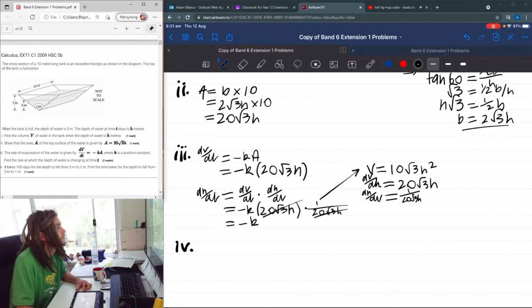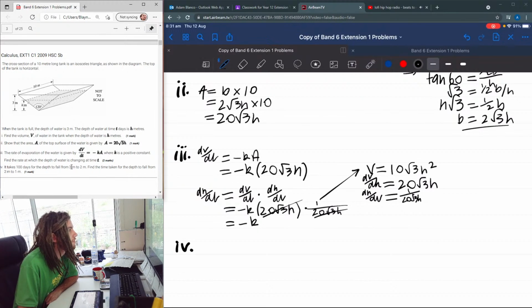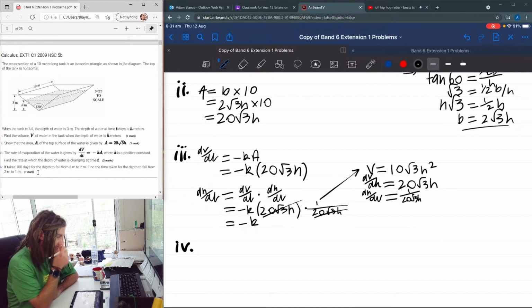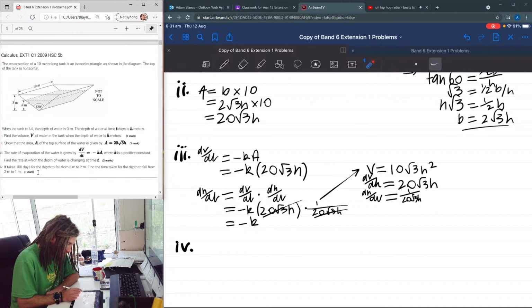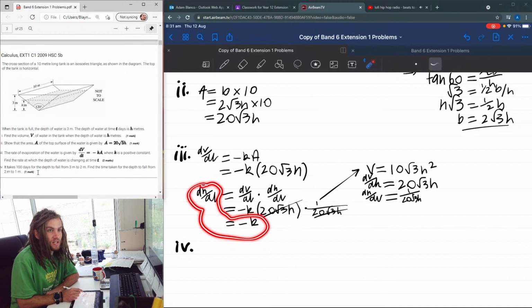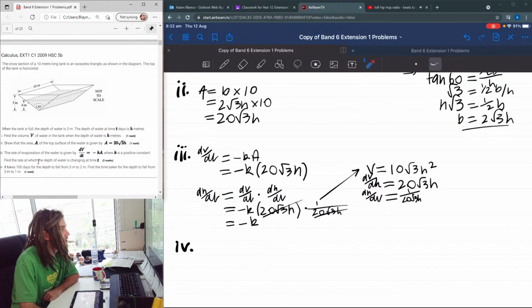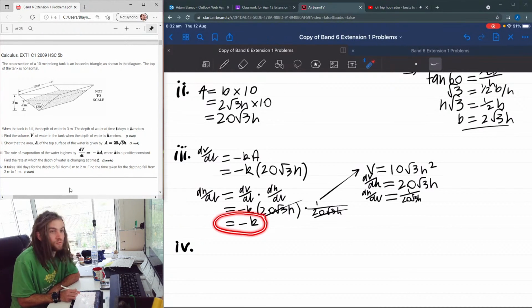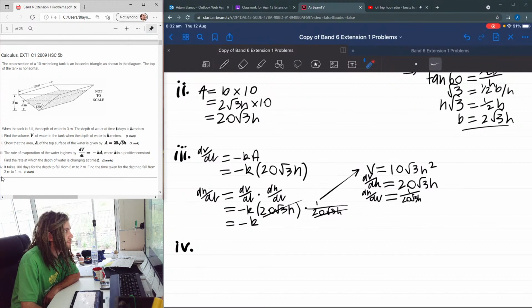Okay, part iv. It takes 100 days for the depth to fall from 3 meters to 2 meters. Find the time taken for the depth to fall from 2 meters to 1 meter. Considering it's only 1 mark, your first instinct might be to use this and start subbing stuff in. But if you recognize that between 3 and 2 and between 2 and 1 is just 1 meter for both, and if this is decreasing at a constant rate, then it doesn't matter if it's between 3 and 2 or between 2 and 1, it's going to decrease at the same rate.